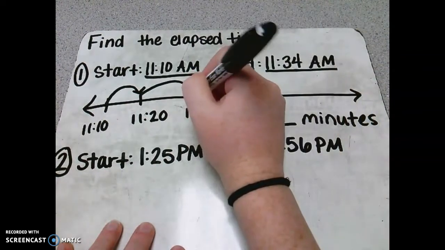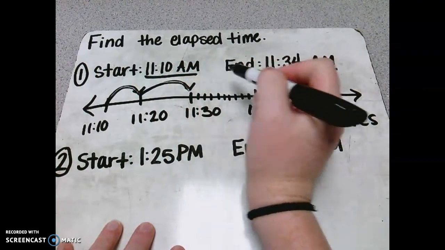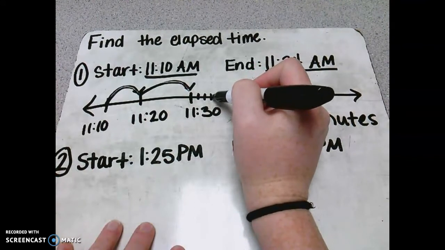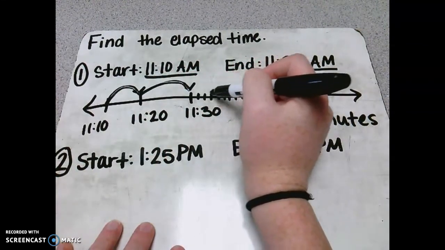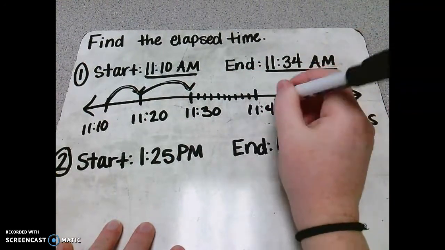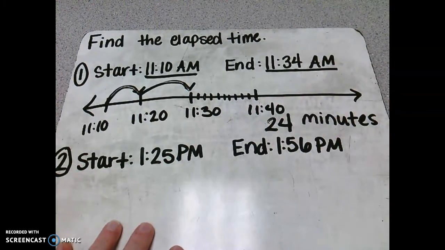Okay, so if 10 plus 10 is 20, then we count to 4. 1, 2, 3, 4. So 10 plus 10, 20, 21, 22, 23, 24. So we have had 24 minutes go by from 11:10 to 11:34.